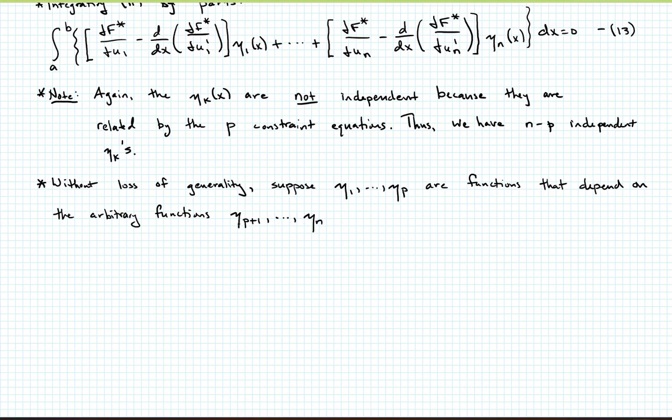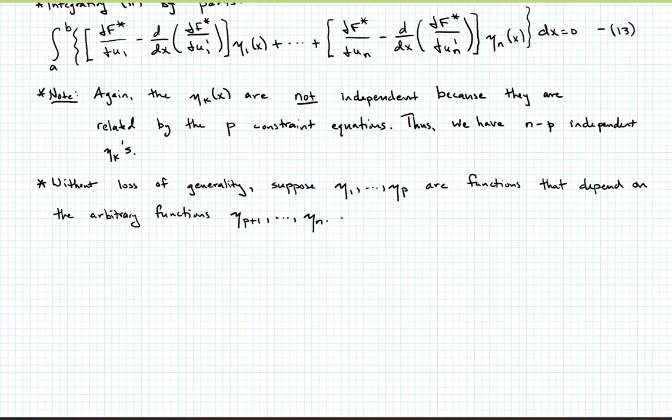So eta p plus 1 up through eta n are truly arbitrary, such that if they were in equation 13, we could break those out and apply the fundamental lemma of variational calculus to get the Euler-Lagrange equations that stem from that.